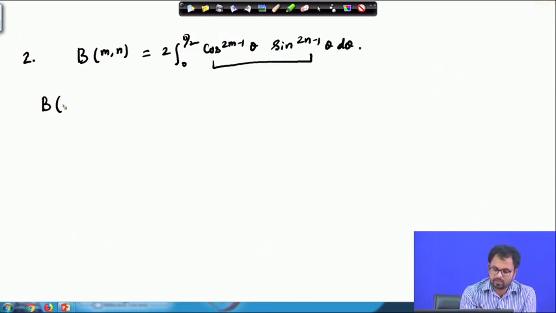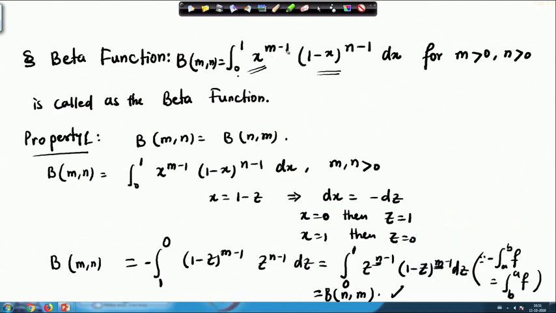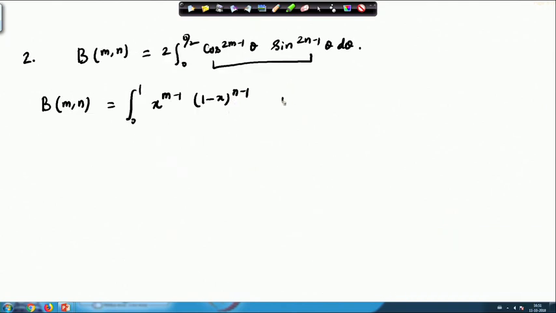So, let's try to prove that. We know that beta mn equals integral from 0 to 1 of x to the power m minus 1 times (1 minus x) to the power n minus 1, where m and n are both positive.